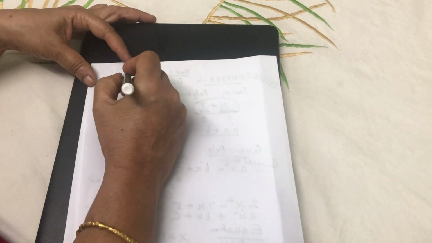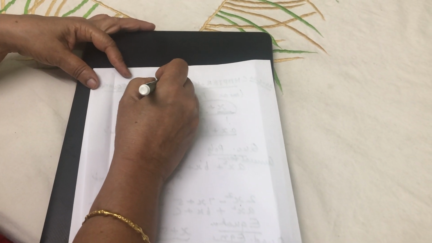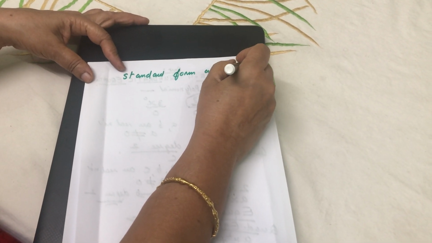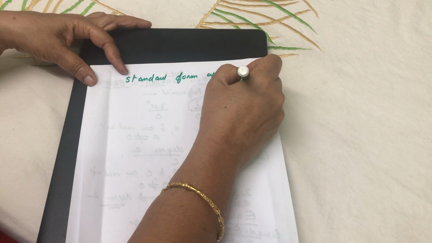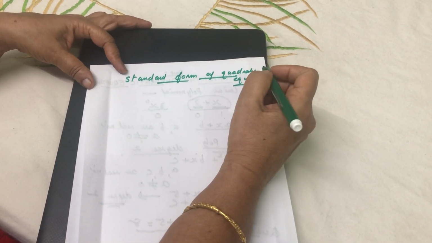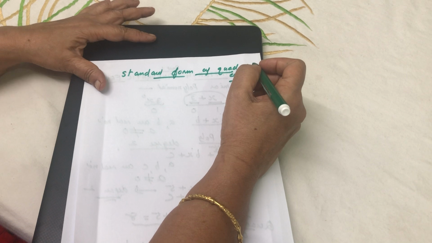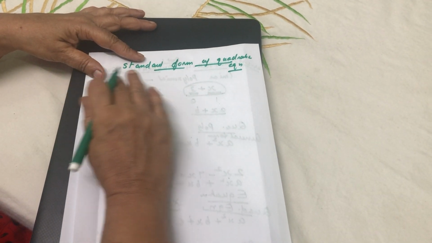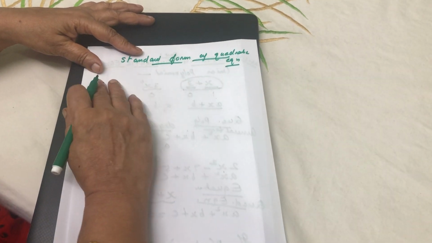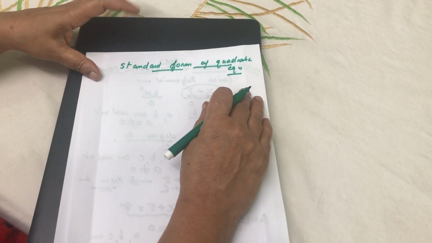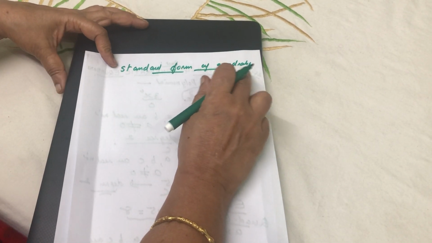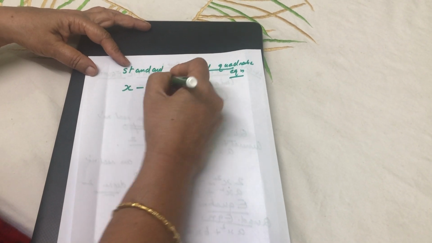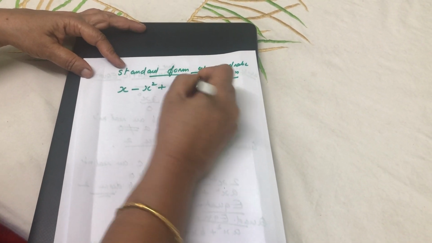So what is the standard form of a quadratic equation? When you write the terms of an equation in the decreasing order of degree, it is known as the standard form of a quadratic equation. You see x minus x squared plus 300 equal to 0.